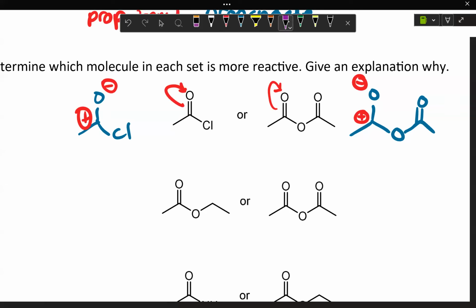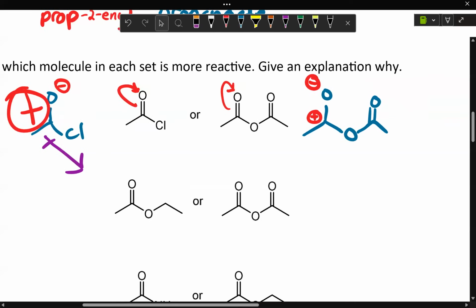And then if you remember, chlorine, because it's very electronegative, is going to have a strong dipole going that way. And let me try to emphasize that. By having a strong dipole going that way, that makes this positive charge even more positive. So that's pretty unstable.